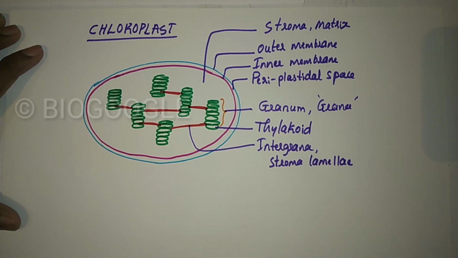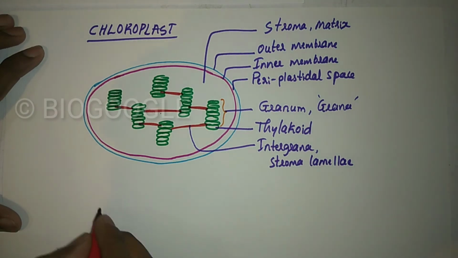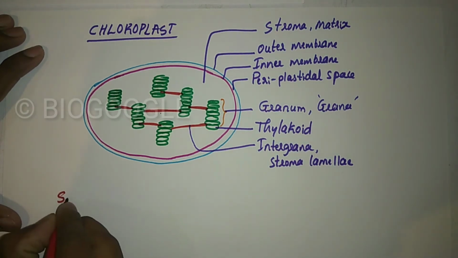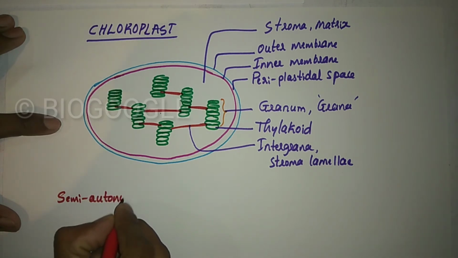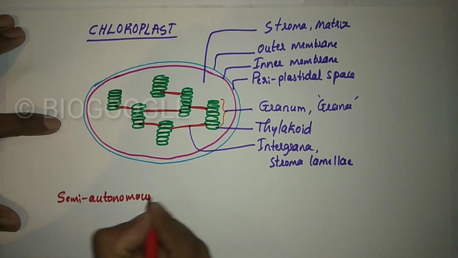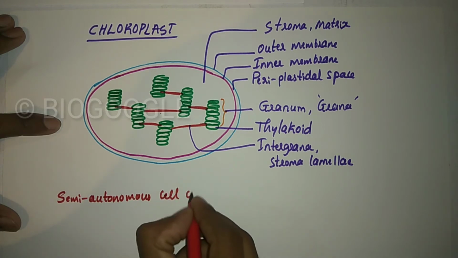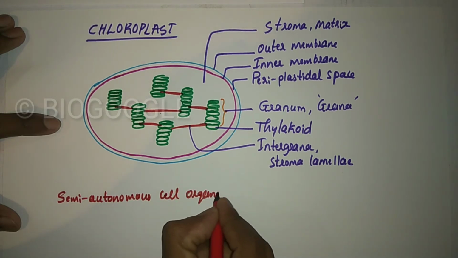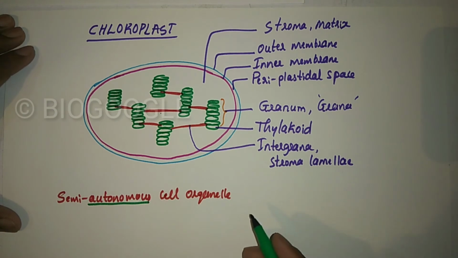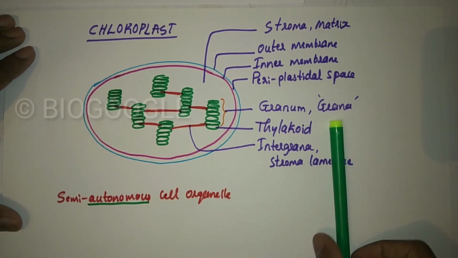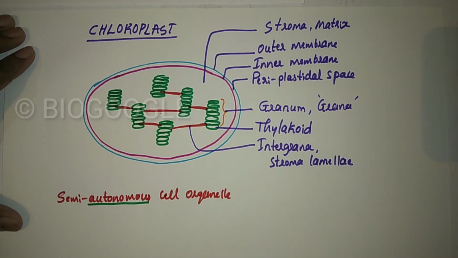Here we all know that the chloroplast is called a semi-autonomous cell organelle. Semi-autonomous means, if it were autonomous, the chloroplast would have prepared all the proteins by itself.